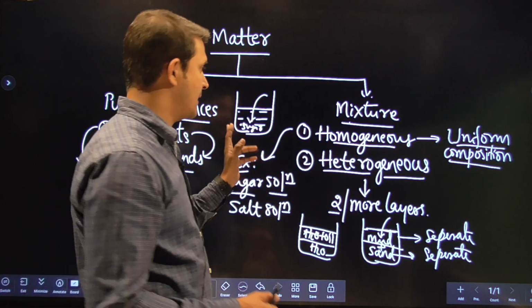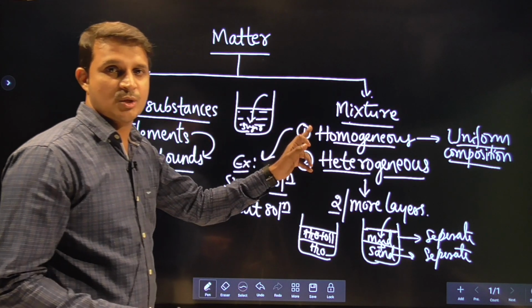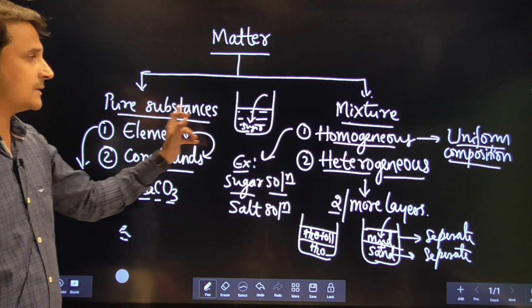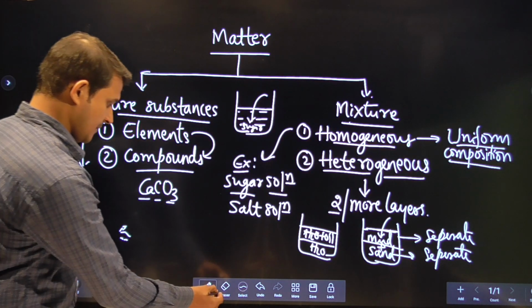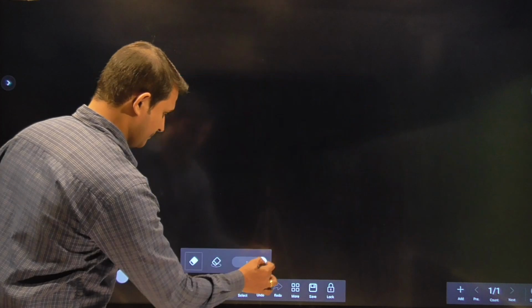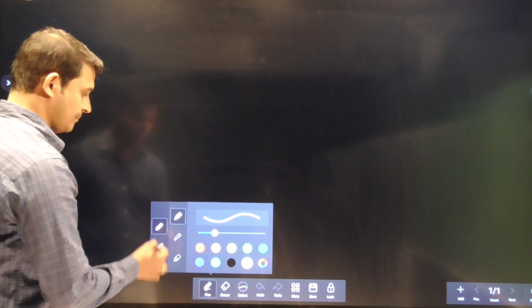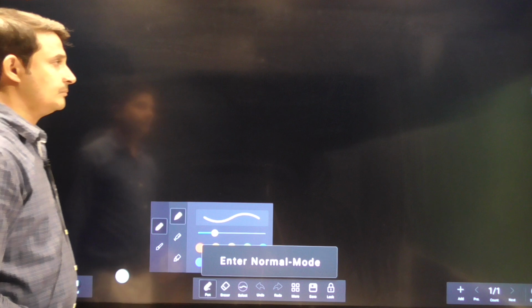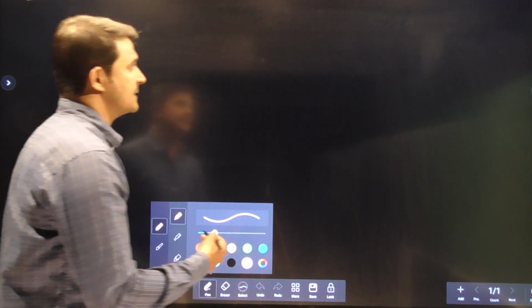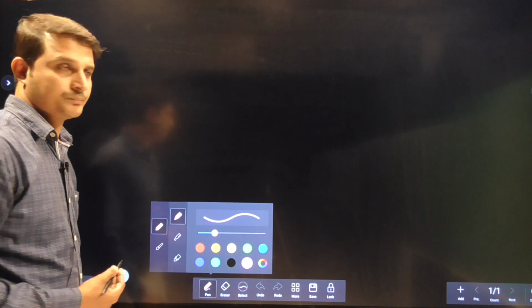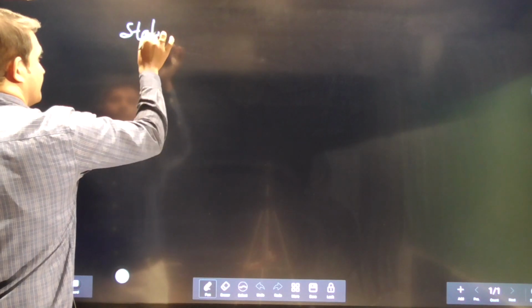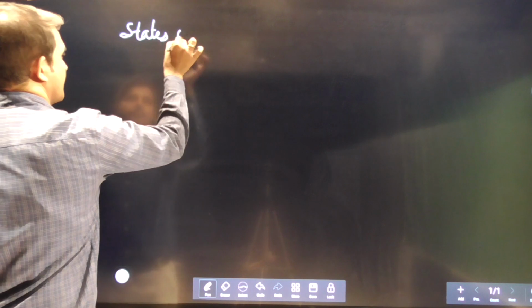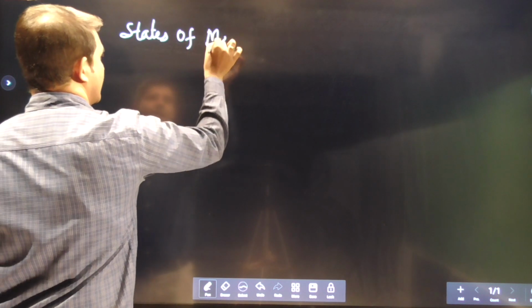Hope you have understood this classification of matter as pure substances and mixtures. So let us move on to states of matter.